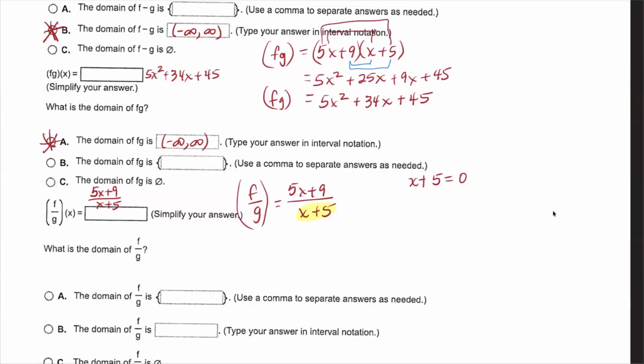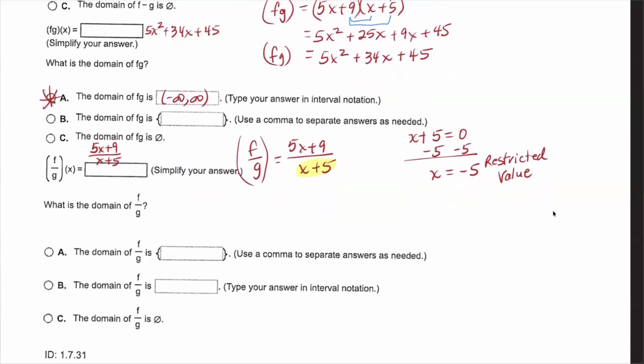So we set x plus 5 equal to 0, then we subtract 5 to get x equals negative 5. So what this means is negative 5 is the restricted value that you cannot put into this function, because if you do put it into the function, it will make the denominator equal 0. So we have to restrict this value from our domain. Any other number in the world is a good number to put into this function, except for negative 5.